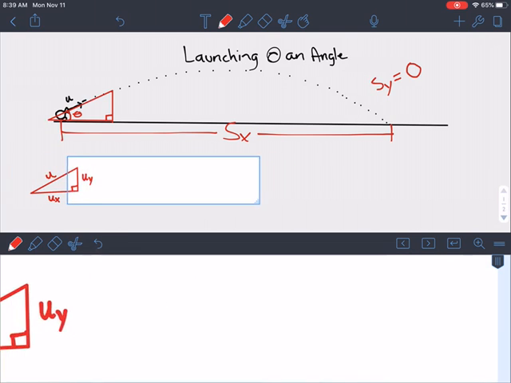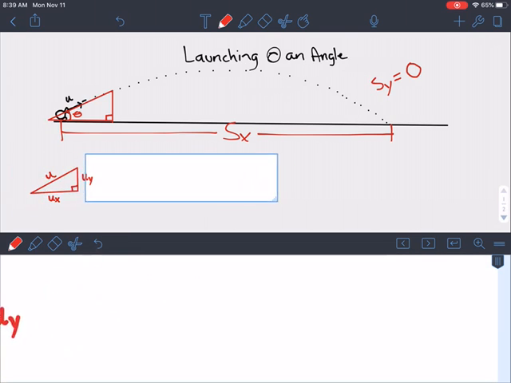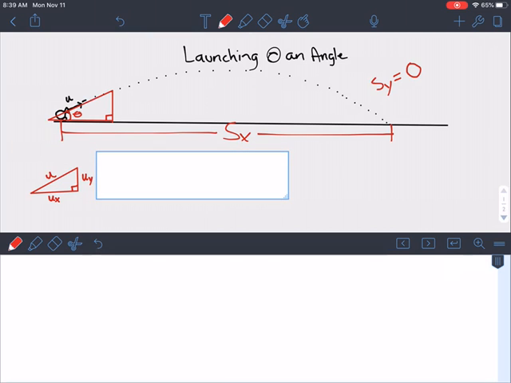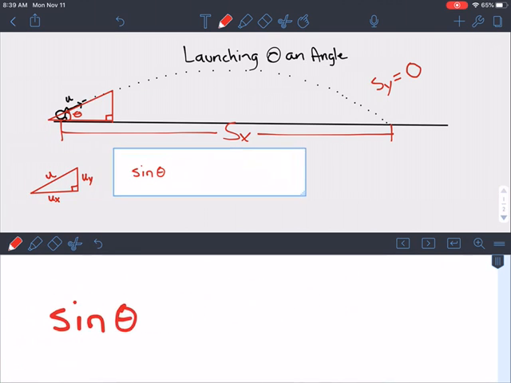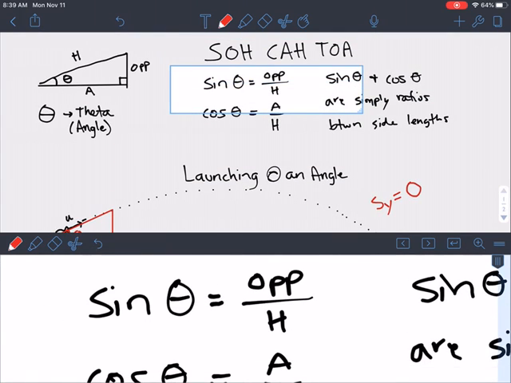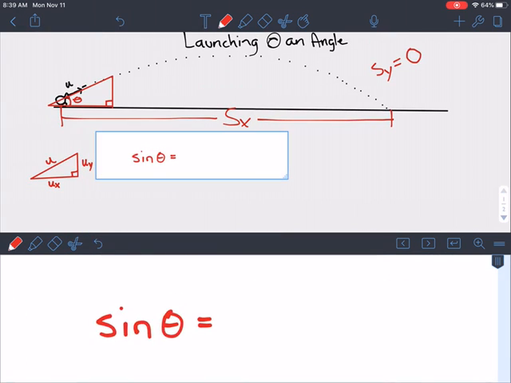Okay, so now let's bring the two together. So what would sine theta be using ux and uy? So sine of theta would be, so sine, like we just talked about, is opposite over hypotenuse.